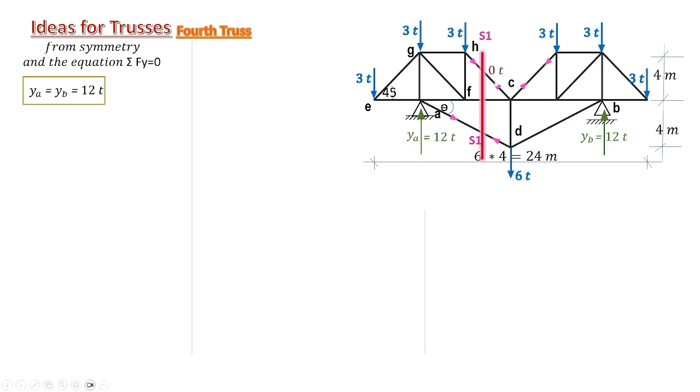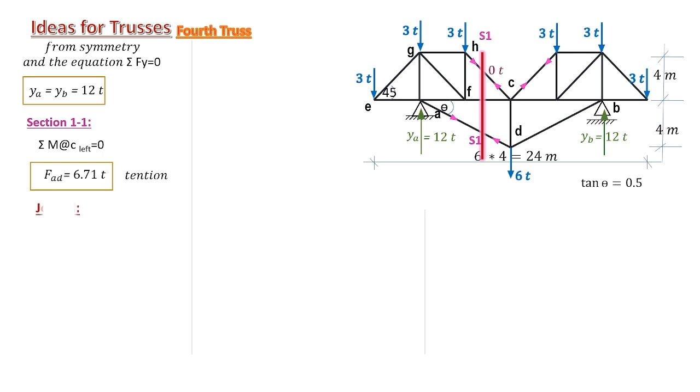Therefore, we consider moments about C to cancel HC and FC and obtain the value of the internal force in AD. And we point out that angle theta here has a tan of 0.5. Here we are. This is the value of force in AD.